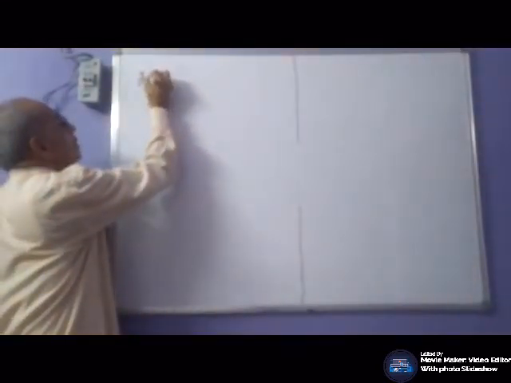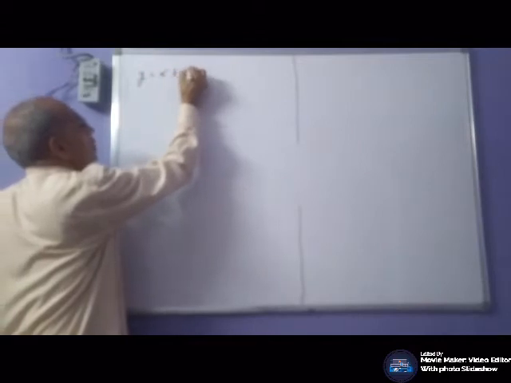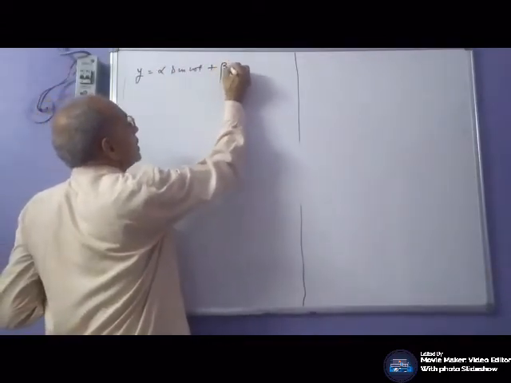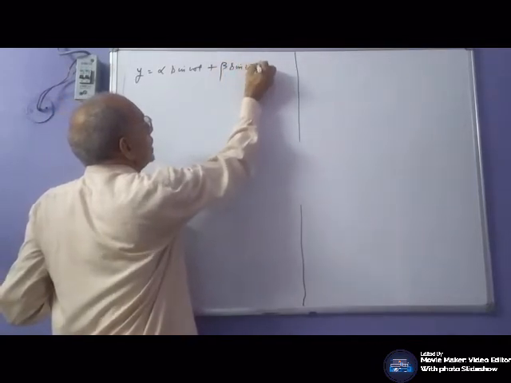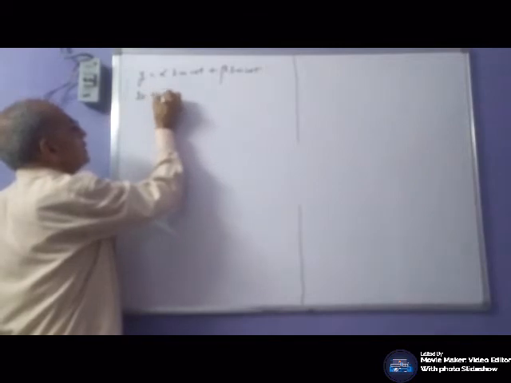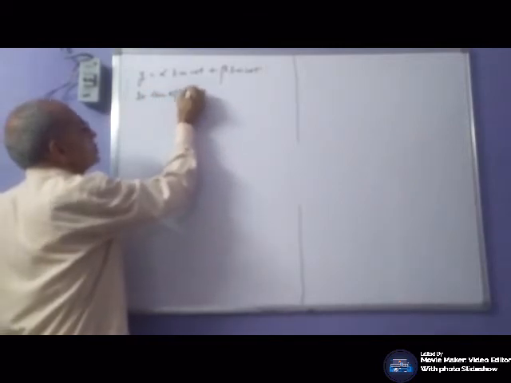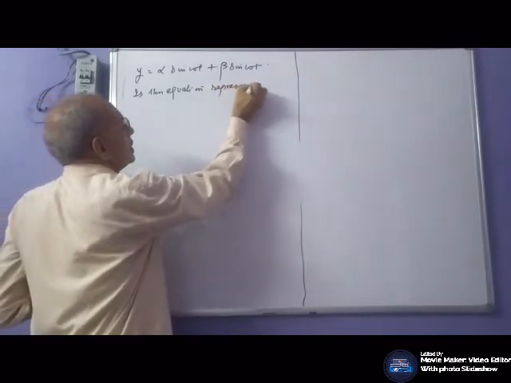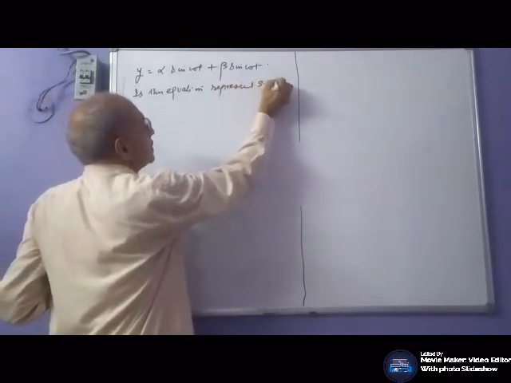y equals alpha sin omega t plus beta cos omega t. Does this equation represent S.H.M?